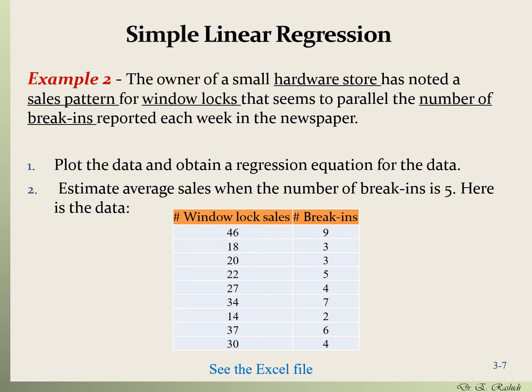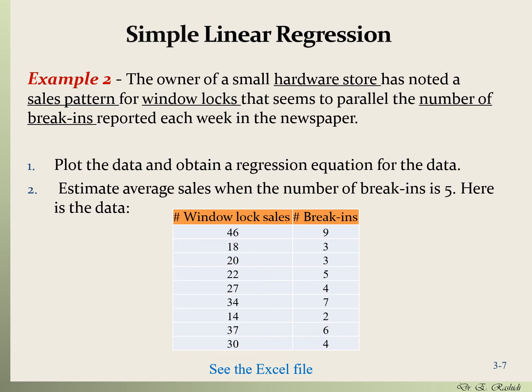The first thing that we want to do is plot the data and obtain the linear regression equation line for the data, to verify whether there is actually a linear relationship between the two. And after that, you want to estimate the average sales when the number of break-ins is 5.